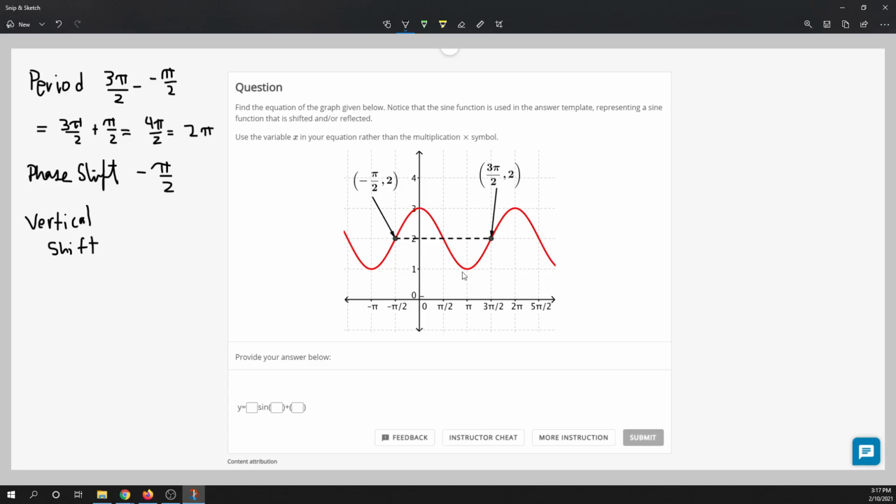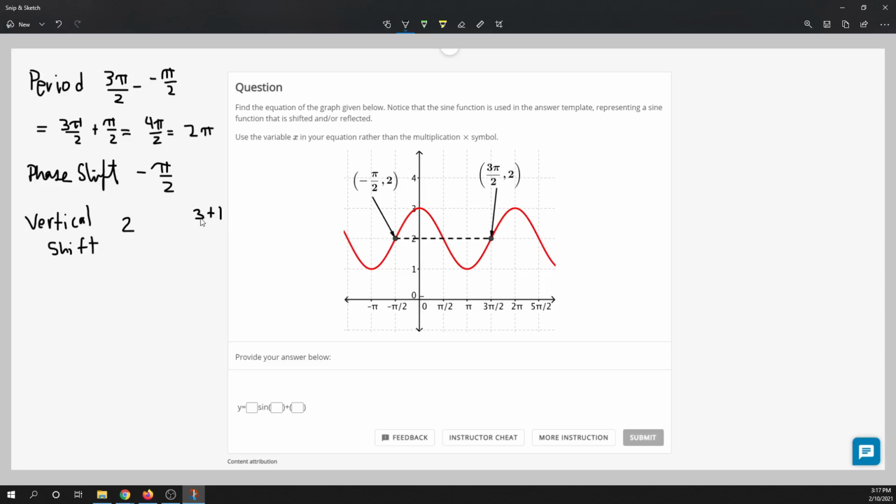And then the low points, or the minimum values, have a y value of 1. So halfway in between 3 and 1 is 2. So the vertical shift here is positive 2. Now you can just look at it and see, but remember, you can also get that by taking the average if you want to.